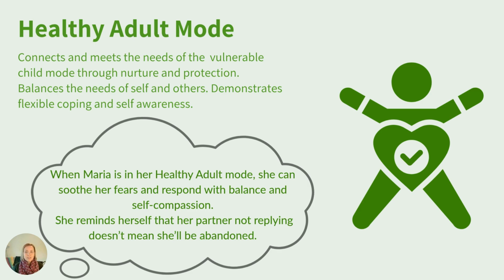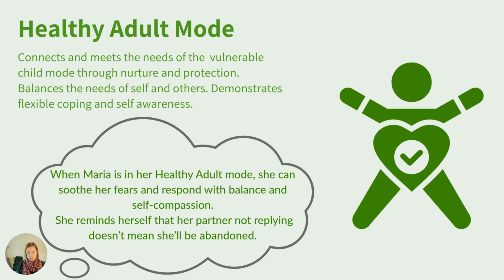And then we've got the fourth type of modes, which are the healthy modes, including the healthy adult mode. The healthy adult mode connects and meets the needs of the vulnerable child mode through nurture and protection. It's able to balance the needs of the individual with the needs of other people, and it demonstrates an ability to be flexible in coping and self-awareness.